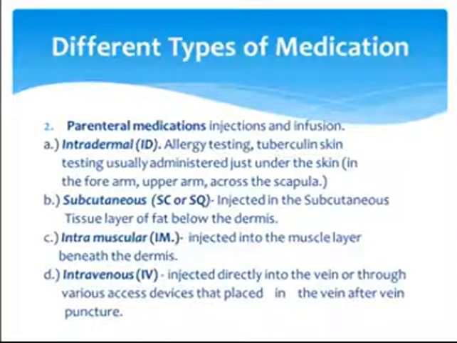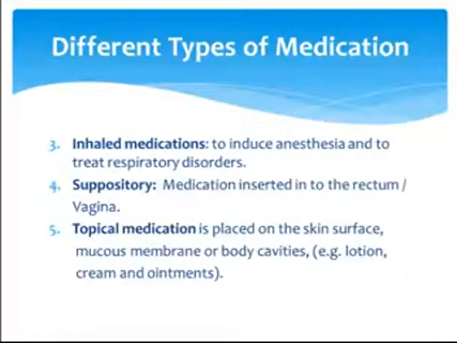Subcutaneous medication is injected in the subcutaneous tissue layer of fat below the dermis. Intramuscular is injected into the muscle layer beneath the dermis, and intravenous medication is injected directly into the vein or through various access devices that are placed in the vein after vein puncture.